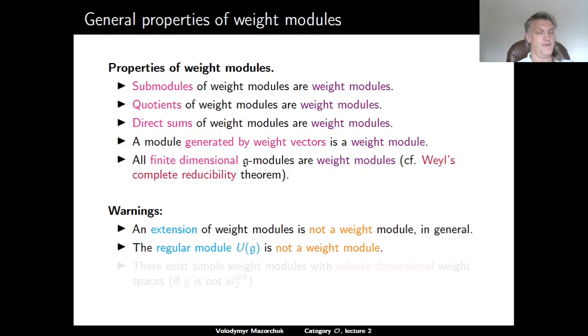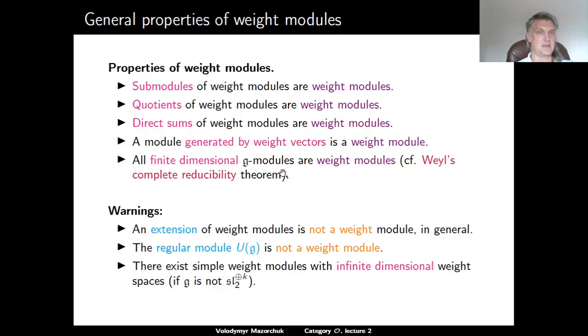The action of H on U(g) is free. It's the opposite of being semi-simple. And also, there exist weight modules with infinite dimensional weight spaces. The smallest algebra for which such modules exist is sl3. In general, such modules exist for all semi-simple algebras which are not direct sums of copies of sl2.